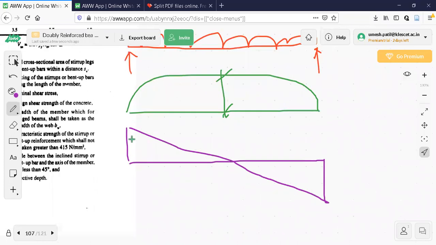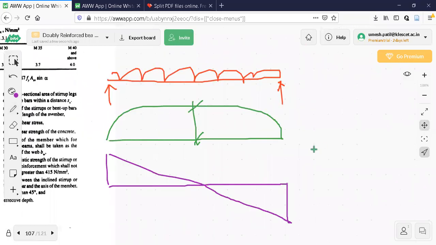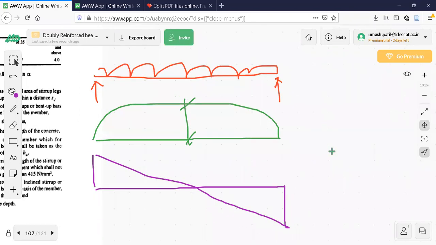Okay, so by looking at this diagram, let us start with bending. If the beam fails due to bending, where is the possible location where it can fail? It will fail where the bending moment is maximum.